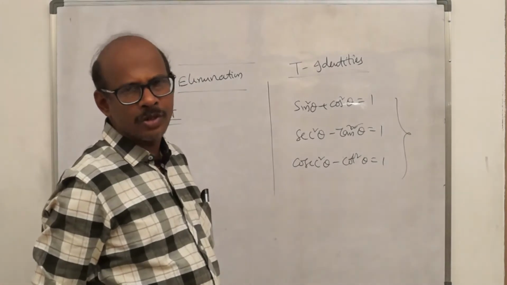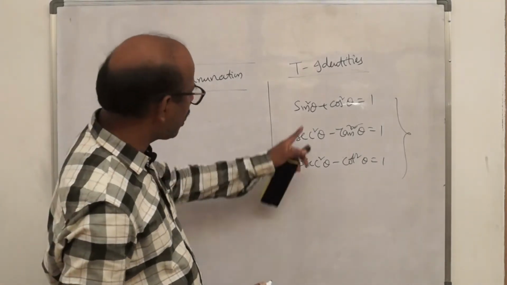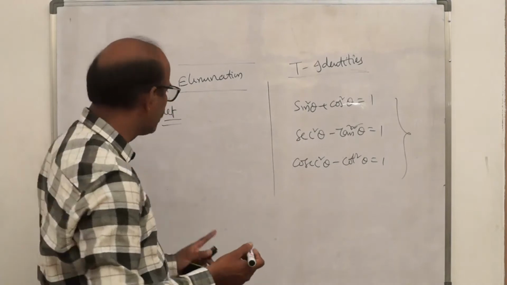Arranging a relation between variables and constants by making use of the three trigonometric identities is called elimination.